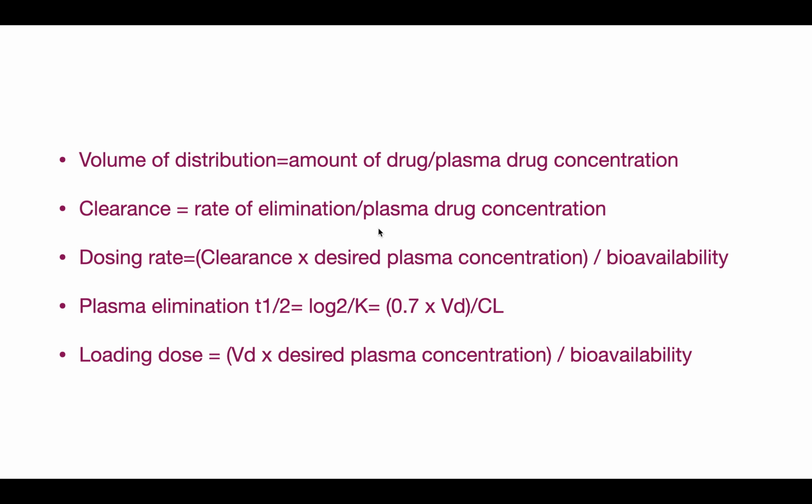So these are just going to be the formulas that you should know. Loading dose, how much you should start with. Dosing rate, how much is going to be cleared and how much is going to be available. And volume of distribution, how much of the drug is in the plasma itself.